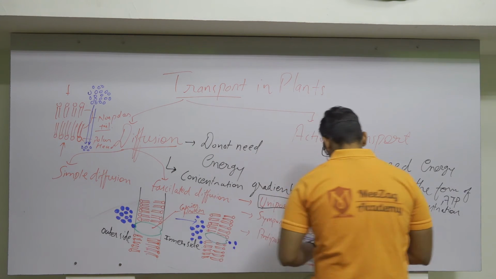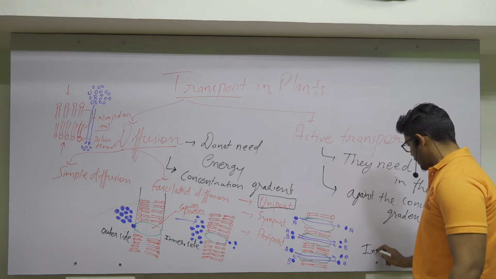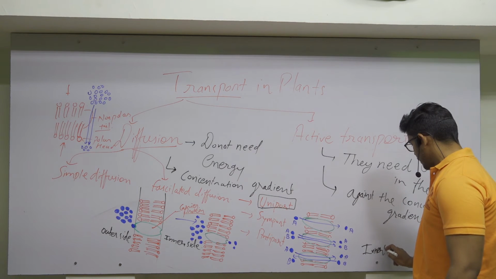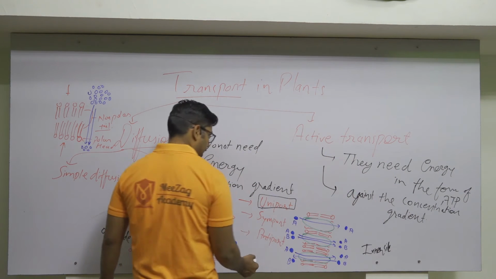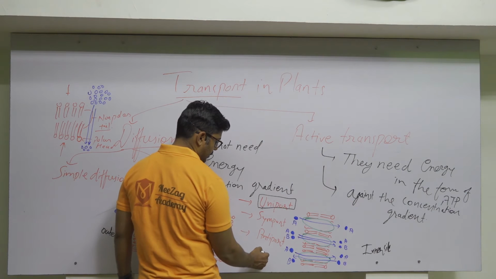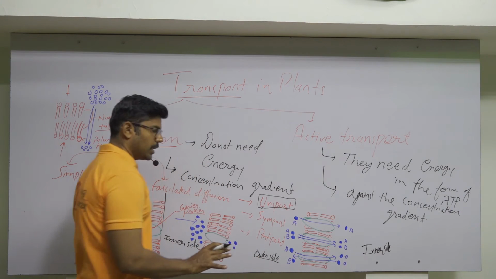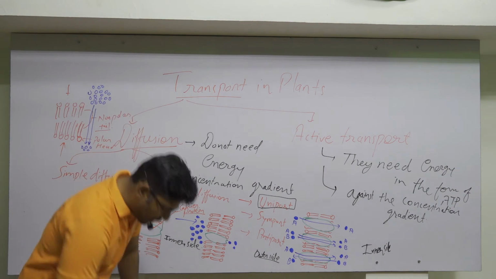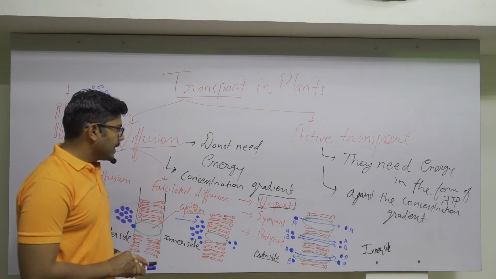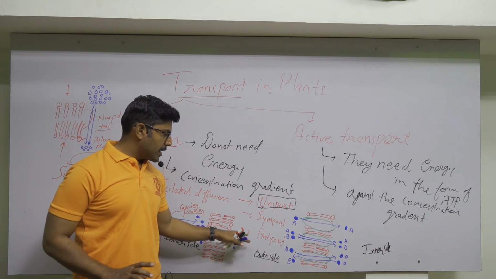This is the inner side of the membrane, and this is the outer side. Got it? So this is uniport, symport and antiport.